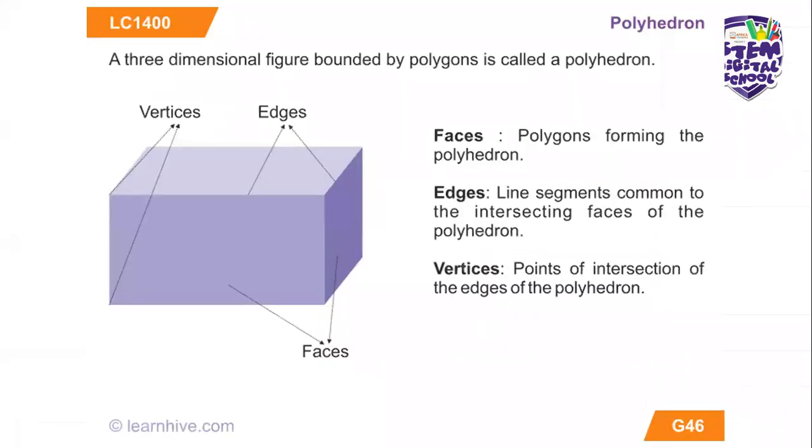Now, if you look at this 3D figure, which is bounded by polygons, it is also called a polyhedron. We spoke about the different aspects and properties of polygons yesterday. The one that is 3D, as you know, is a polyhedron. And so this is a 3D object.